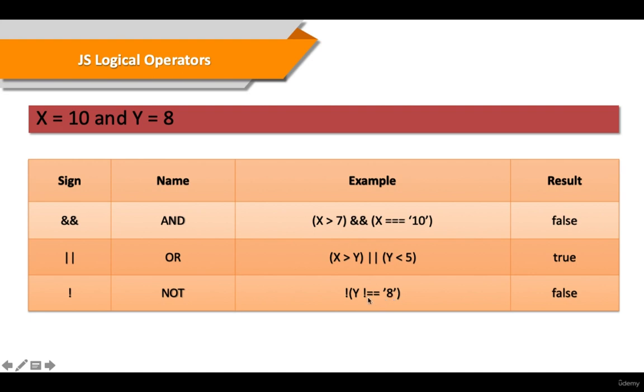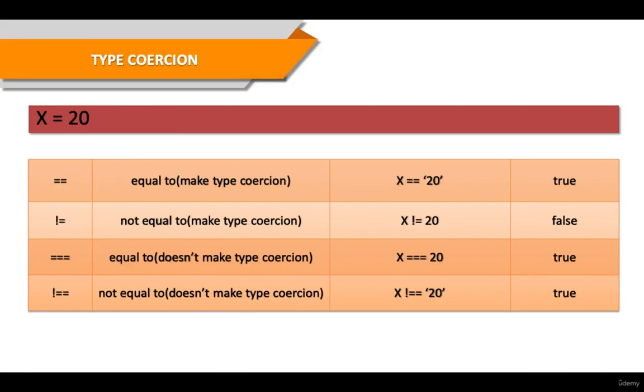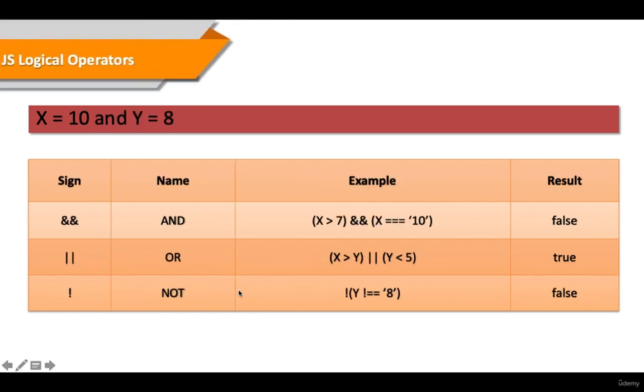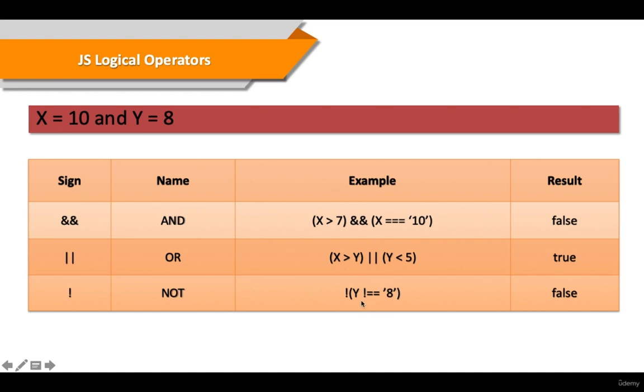It's going to evaluate not only the value, but also these data types. So in this case, it's true because our y variable is a number, and this is a string. So inside of the brackets, this is true, but then there's a not operator here. So outside the brackets, that's going to change this true value to be false.